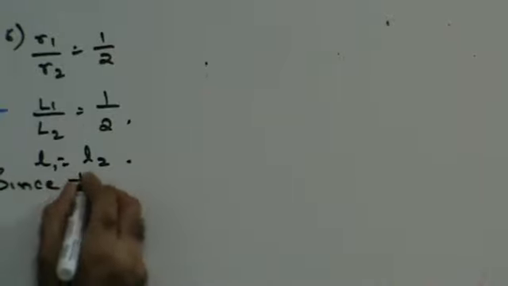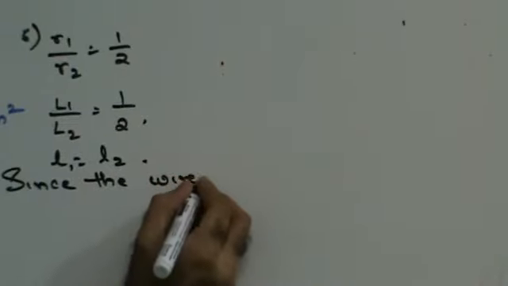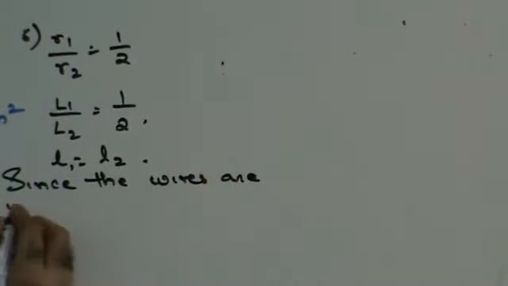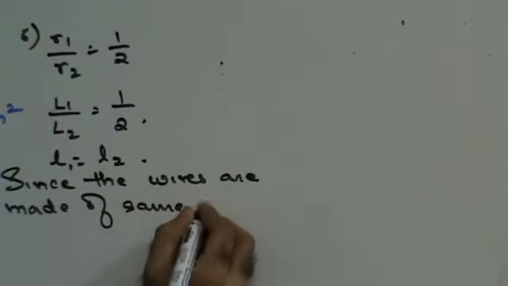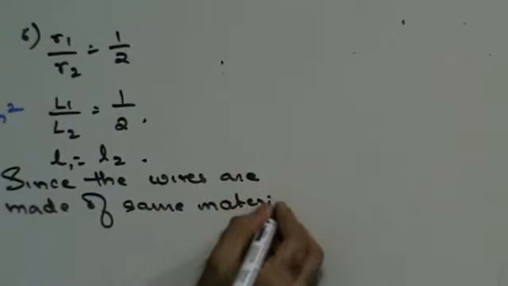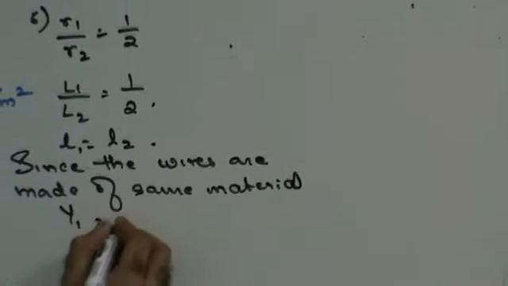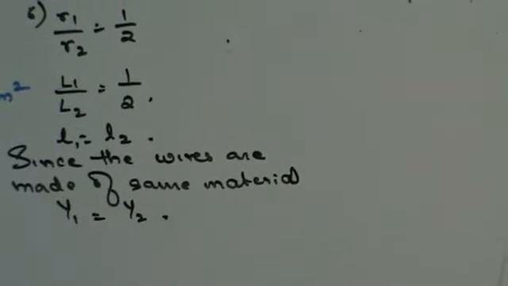Now, since the wires are made of same material, they will have the same Young's modulus. Okay. Ratio of the radii, ratio of the length and the extension, everything is given to you.